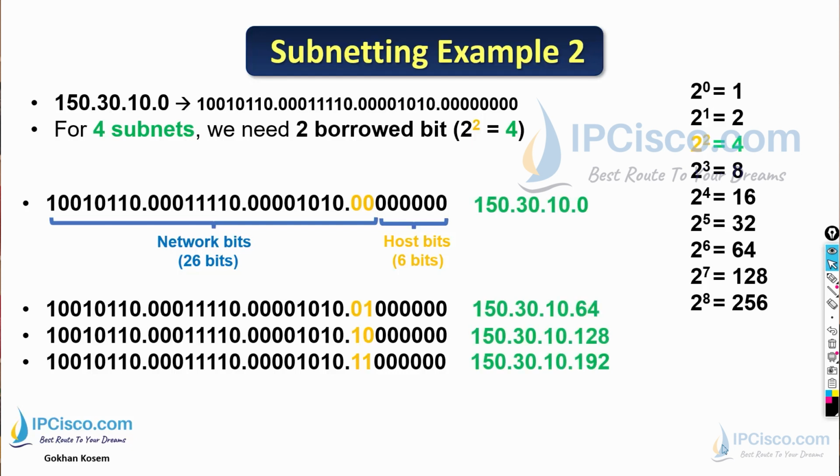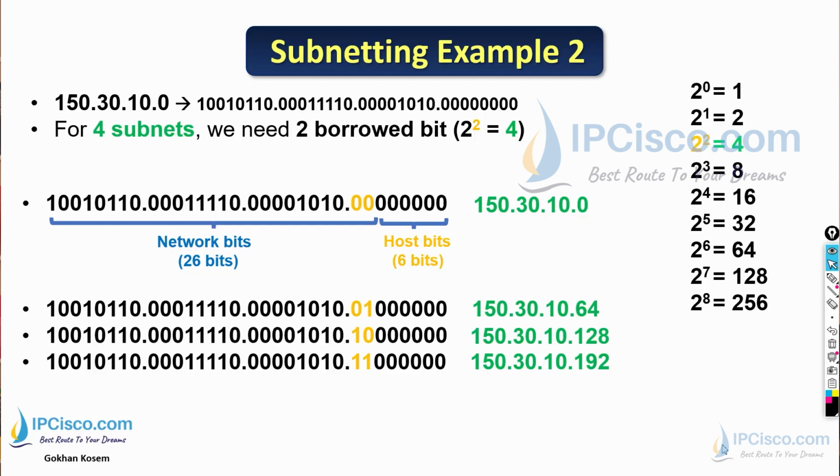When we write in decimal format, our network addresses are here. 150.30.10.0, 150.30.10.64, 150.30.10.128, 150.30.10.192. These are the network addresses of the new subnets. Our first CIDR notation was /24.